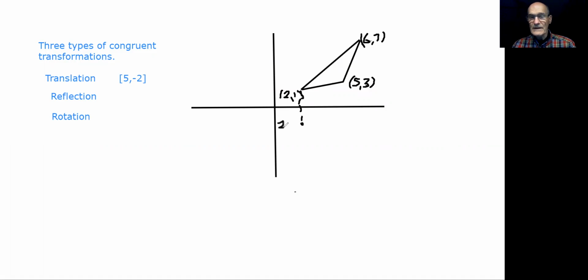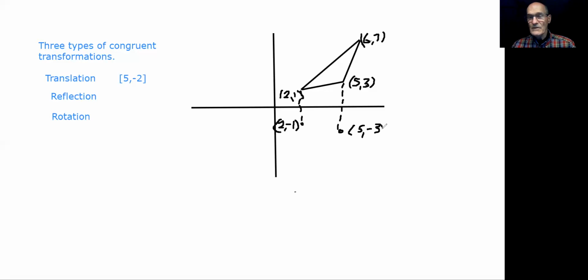Notice if I reflect about the x-axis, the thing that changes is the y-coordinate, and it will change from plus to minus. So this one would come down an equal distance, and this is going to be the point 5 comma minus 3.